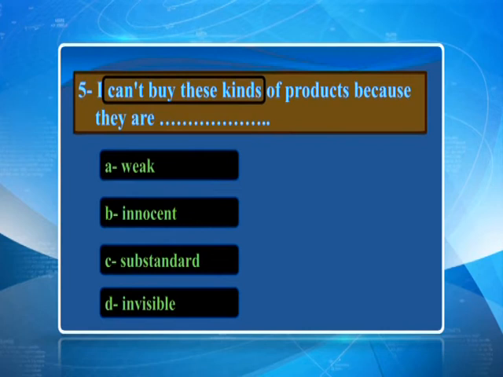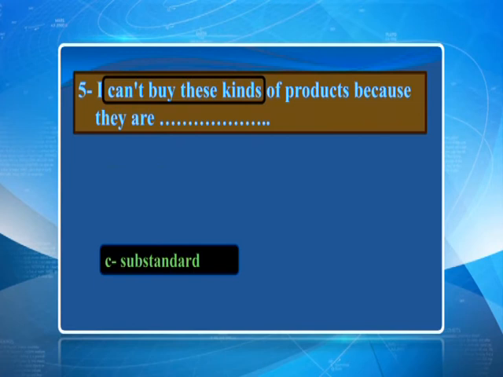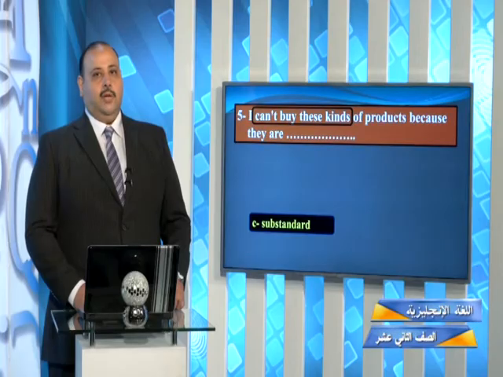What is the reason that you cannot buy some products? Are they weak, innocent, substandard, or invisible? So the best answer or the correct answer here is substandard. It means that the quality is not really good or it's of bad quality.